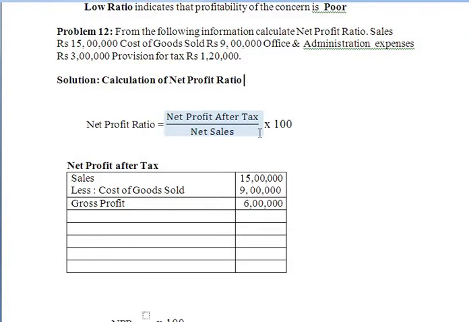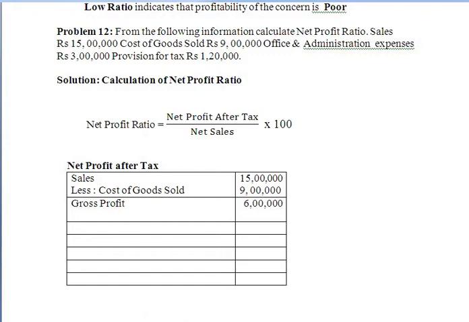Now check in the problem which expenses are given. We have taken net sales, then cost of goods sold is over, next is office and administration expenses. So here write less office and administration expenses.